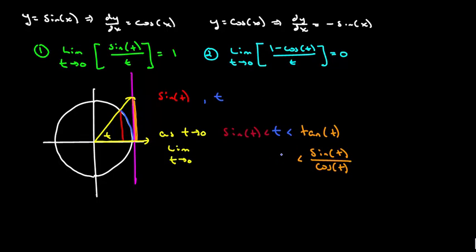Still have t in here, and I still have sine t. Then what I'm going to do is write everything as reciprocals. I'm going to rotate everything here. So I'm going to go like this. This is 1 over sine t. Now, when I do that, the signs change. You should think about why that is.